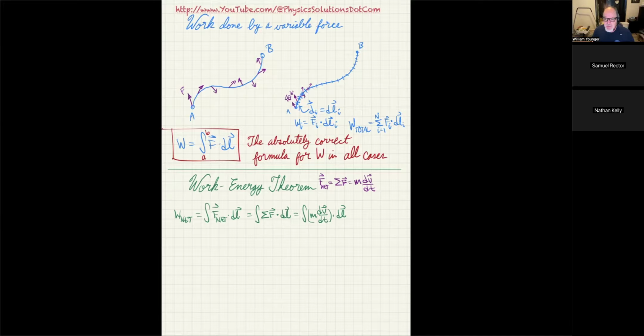A dot b is equal to b dot a, at least in real space. Later, when we learn about quantum mechanics, that's going to go to the wind. But what that allows me to do is the integral of m, and now instead of dv dt, I'm going to say dl dt, and then that's going to be dotted with dv. So all I did was reverse the roles of dv and dl.